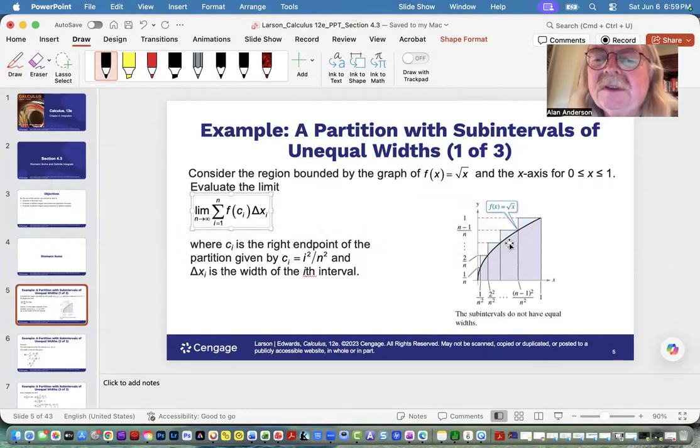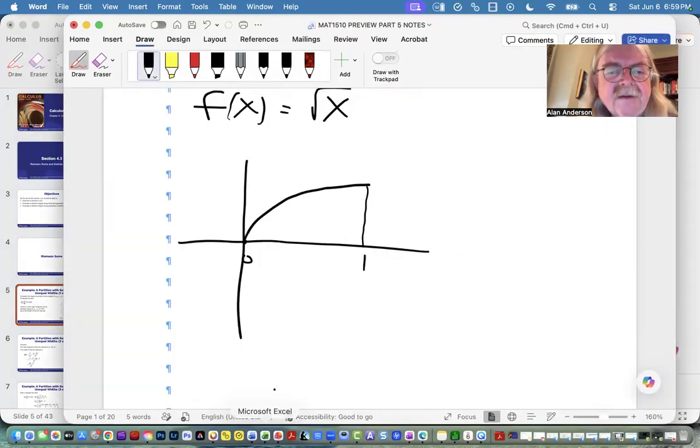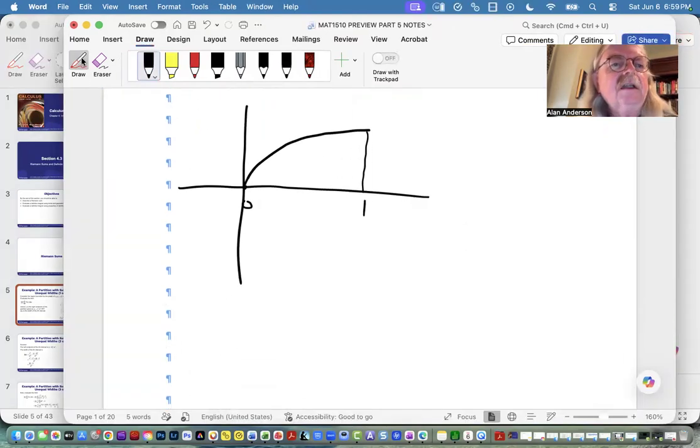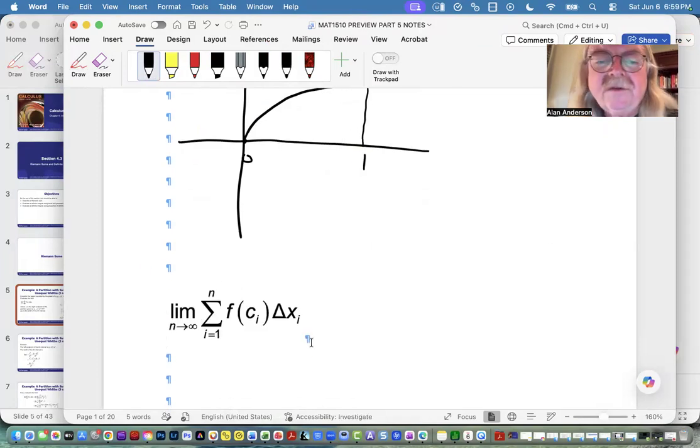Like here, for example, you can see clearly that these rectangles are too tall, and the area under these rectangles is quite a bit larger than the actual curve itself. But that problem would take care of itself if we had enough rectangles. So we're going to take the limit of this process as n goes to infinity, which means the number of rectangles is going to infinity.